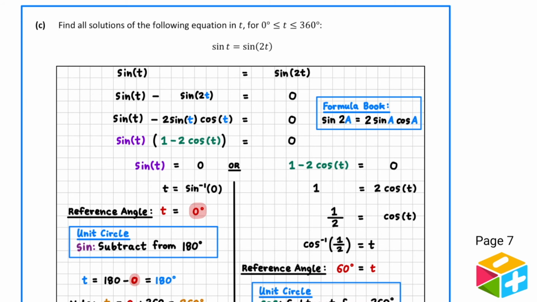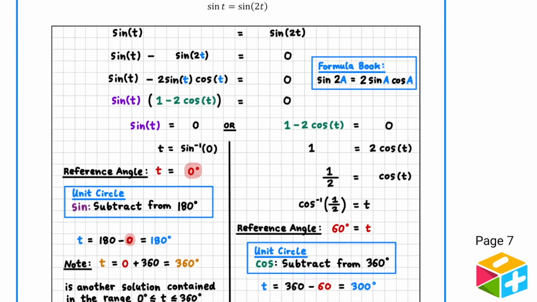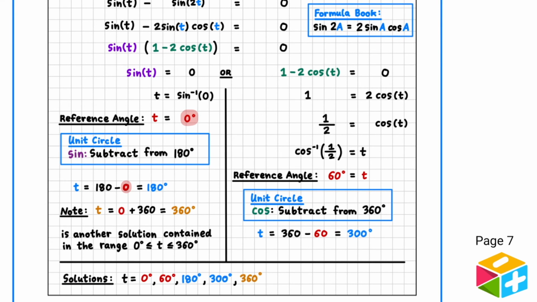Another important thing to note here is that the interval we're given for t, 0 is less than or equal to t, is less than or equal to 360, contains both the endpoints, 0 and 360. Given any solution to a trigonometric equation, if we add a full circle of 360 degrees, you'll get another solution.